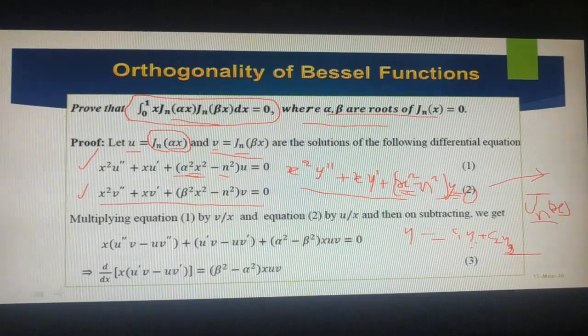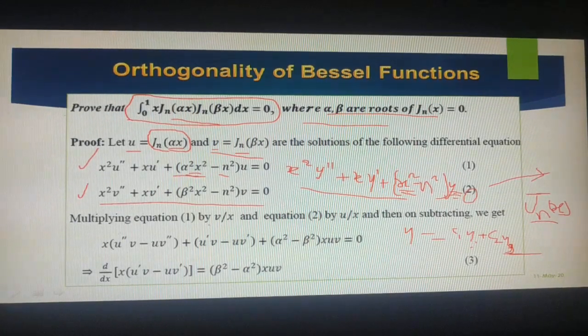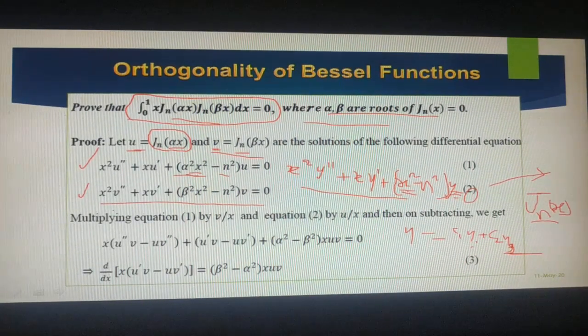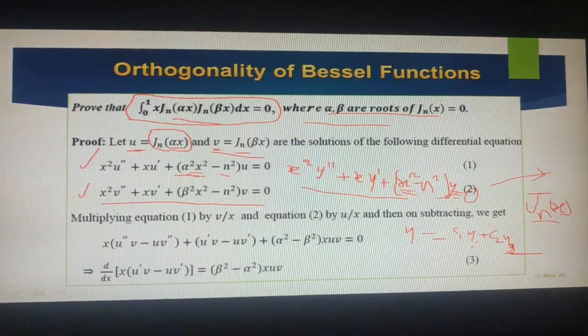These two we are considering as the solutions for the Bessel equation, therefore the equation has to be satisfied. So in place of y1 I am taking u, in place of y2 I am taking v. I hope you understood. I am simply substituting in the equation because these are the roots, so it has to be satisfied.